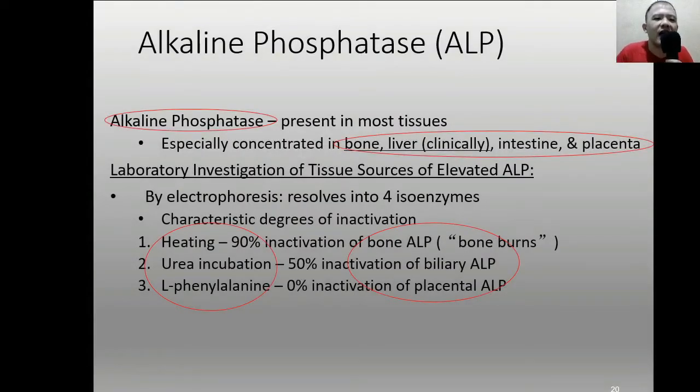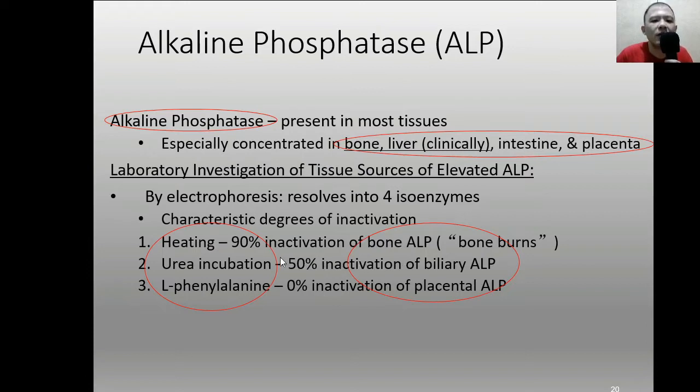Next, alkaline phosphatase is present in most tissues, again concentrated in the bone, the liver, biliary epithelium, the gallbladder, intestine, and the placenta. These are the different types, and how do we distinguish them? Respectively, through heating, we distinguish the bone ALP.